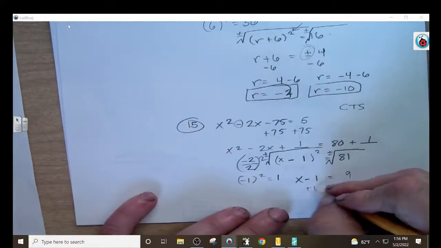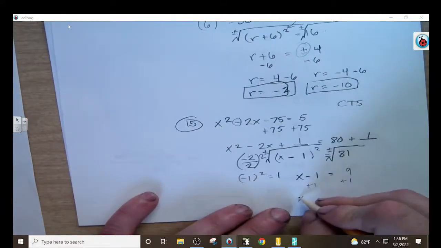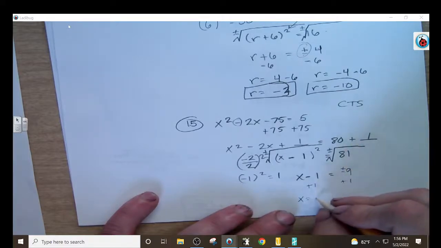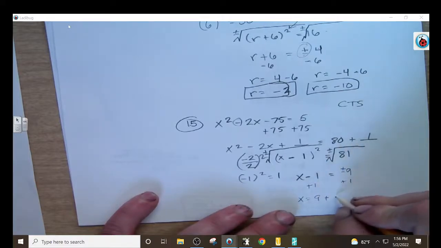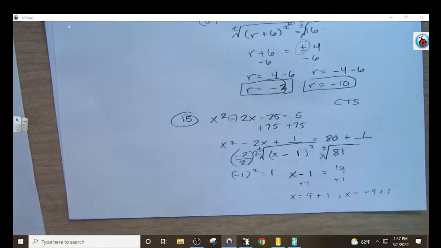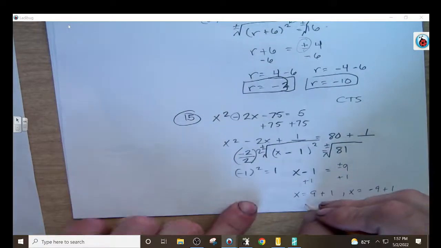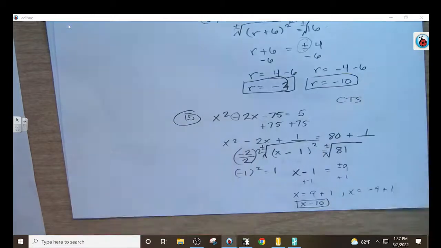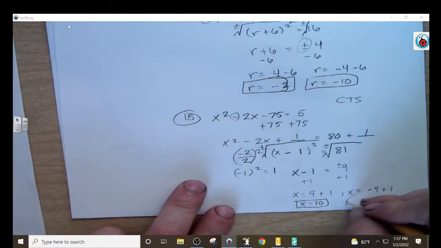So if I add 1, what that gives me, guys, is x equals 10. And then x equals negative 8.